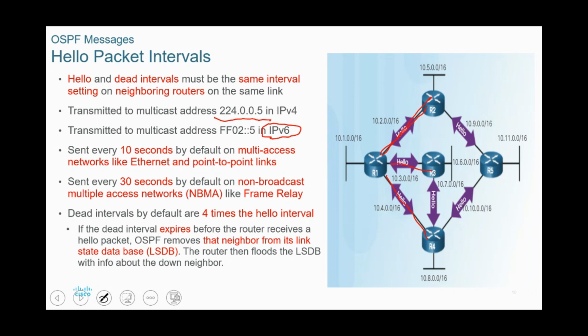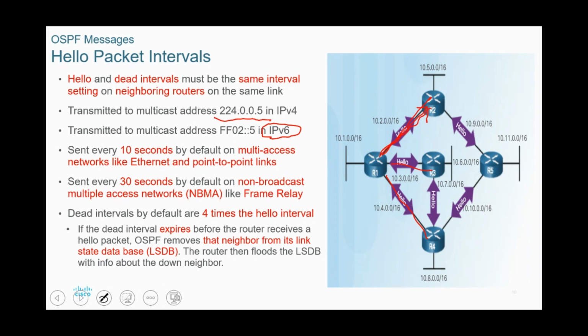Okay, so what does it mean is that every 10 seconds, R1 is going to send the packets to router 2 if this is using a point-to-point link, and times 4, your dead interval will be, let's say your hello is 10 seconds, your dead interval will be times 4, so you have a 40 second dead interval.